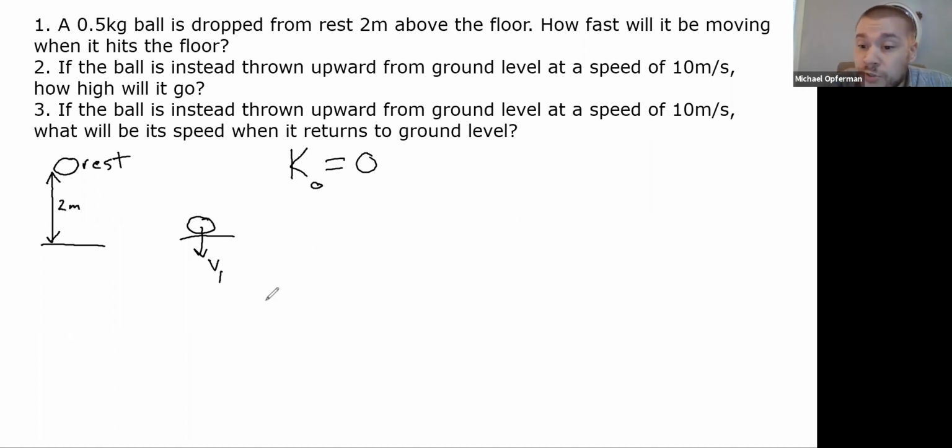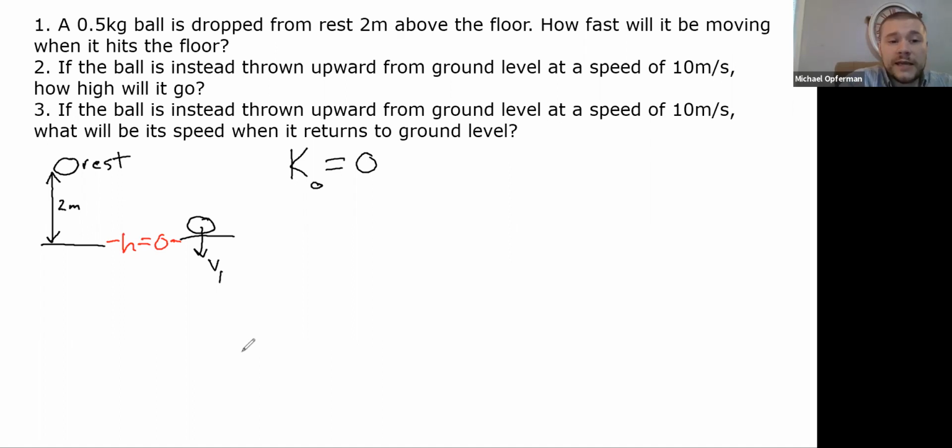I need to choose where I'm going to call h equals 0 for this problem. In this case, it's probably pretty obvious where you're going to put it. Almost everyone would instantly think I'm going to put it at ground level. But you just need to realize that you put it there. I would mark it in your picture like that. There's h equals 0. Anything above that line is a positive h. Anything below that line is a negative h.